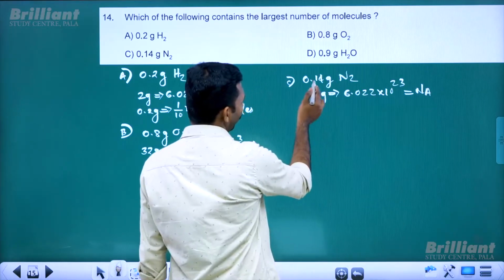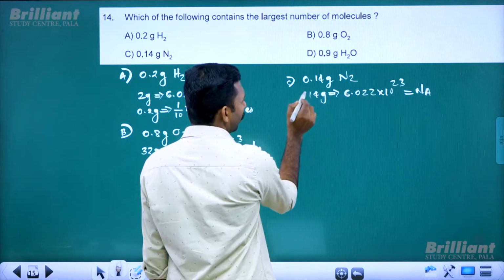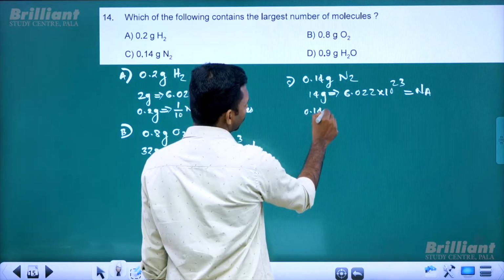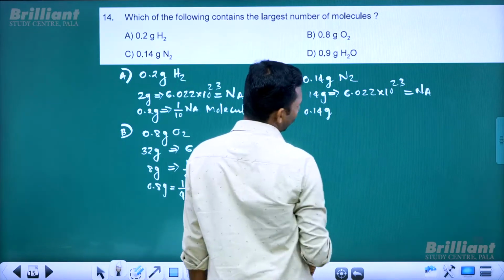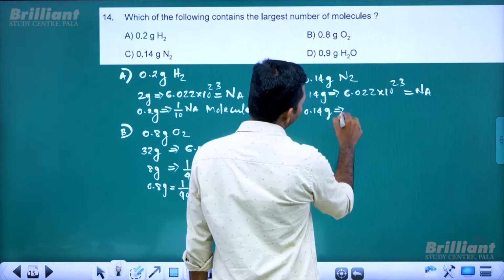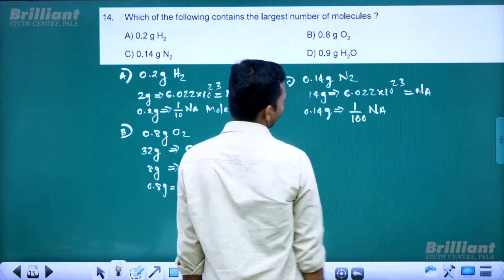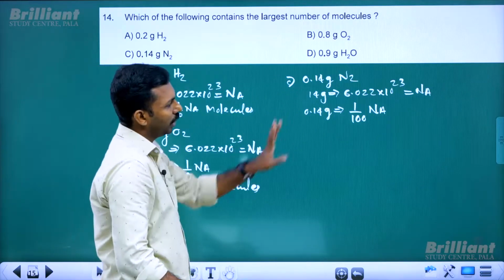Here it is 0.14. So 100 is to be used for dividing this value, right? So 0.14 means 14 divided by 100. So here also we have to divide it by 100. That is equal to 1 by 100 Na. Okay. So 1 by 10 Na, 1 by 40 Na, 1 by 100 Na.